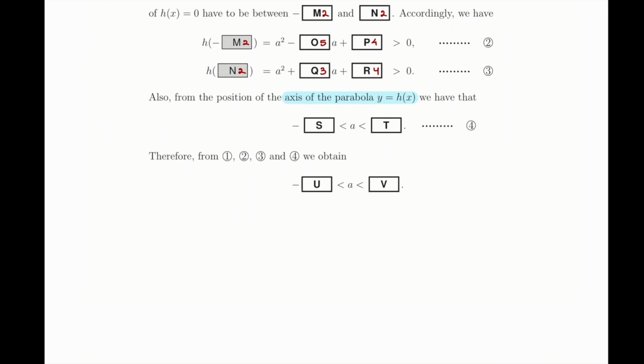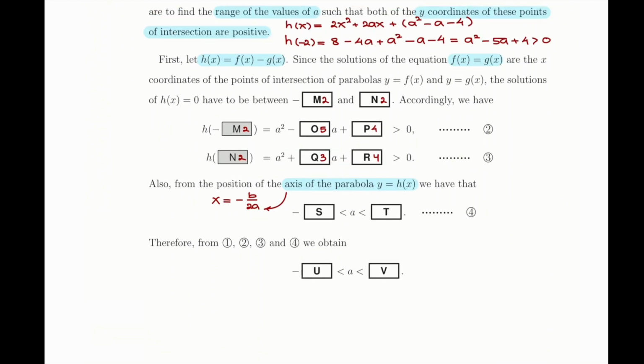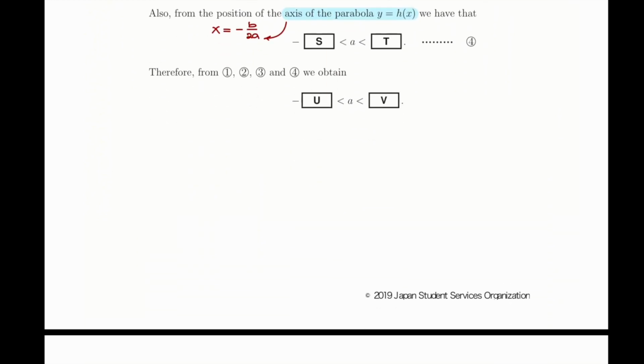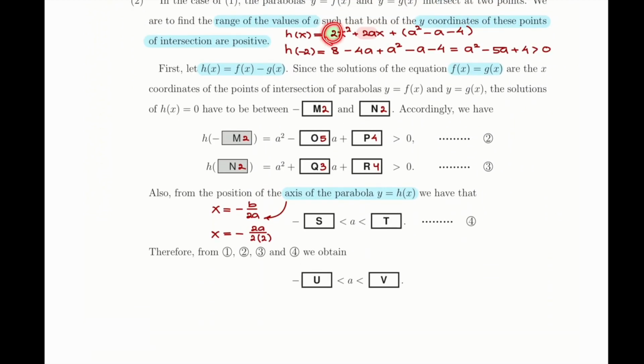So the axis of symmetry is x equals -b over 2a. Remember that this is A, this is B, and this is C. So my axis of the parabola is negative B over 2 times A. Our A is 2.